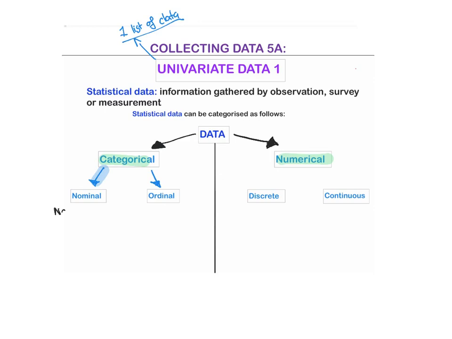So there's no ranking or order. You just have to say a Mercedes, BMW. With categorical data that's ordinal, there's some type of order to the categories.